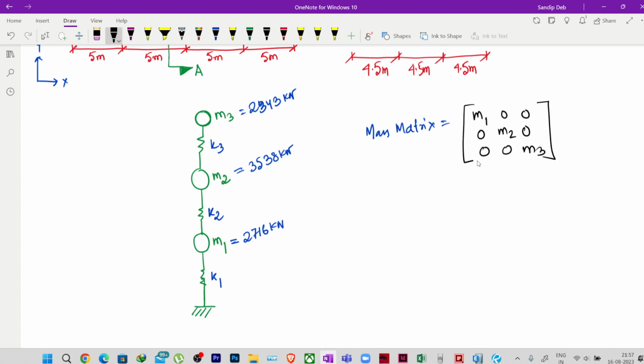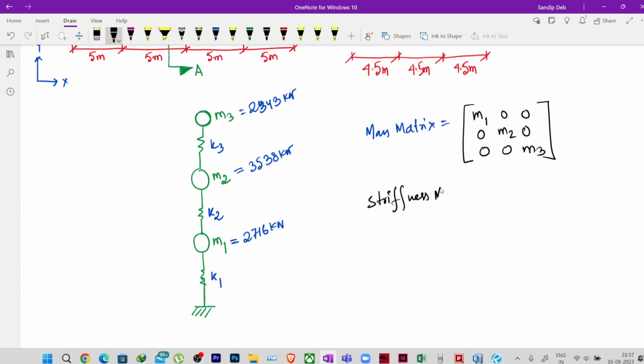So this is the mass matrix, and now the stiffness matrix. I am not explaining the concept of these things here; if you need it, please let me know in the comment box, so that I can create more videos on the fundamentals of stiffness and mass matrix creation. I will try to make those later on.